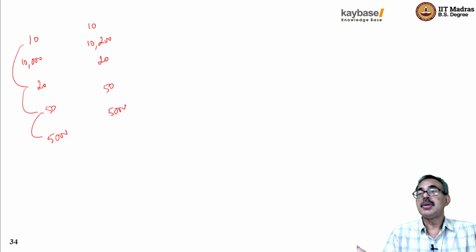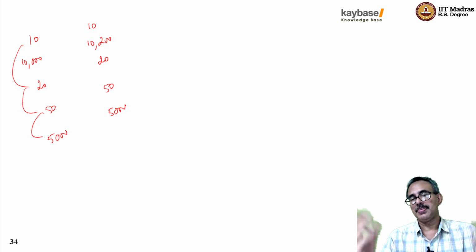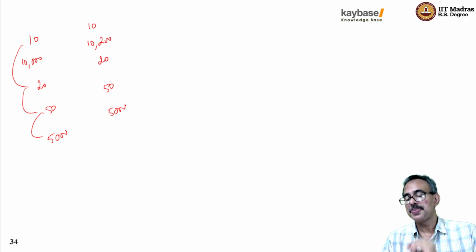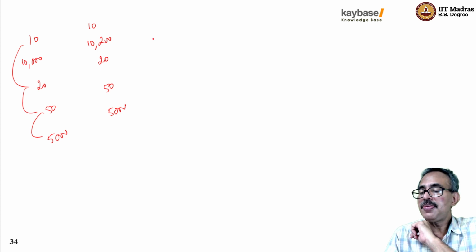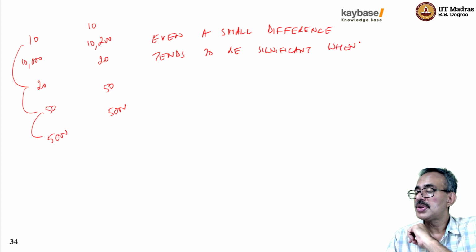Difference is only 200, but it is significant because this number is so huge, the data must be correct. Right? That's the way this works. So, even a small difference tends to be significant when the sample size is large.